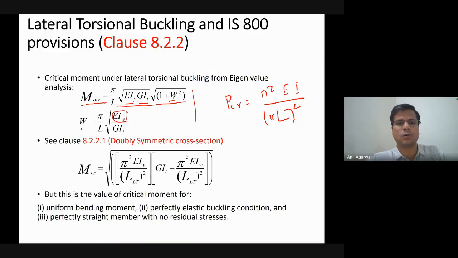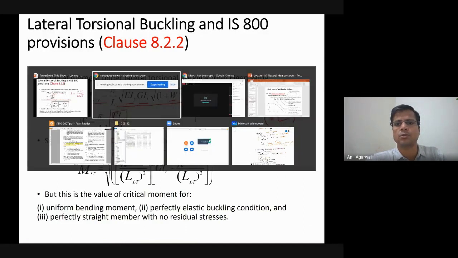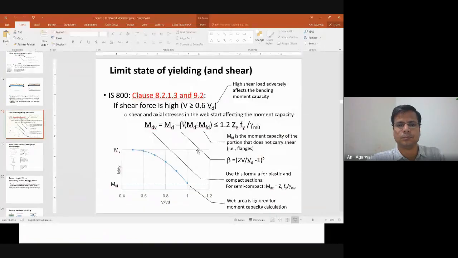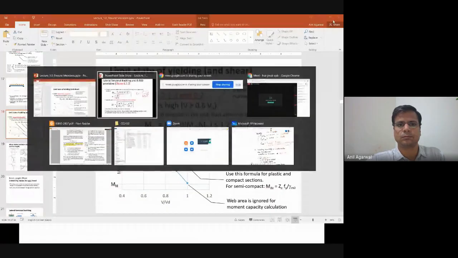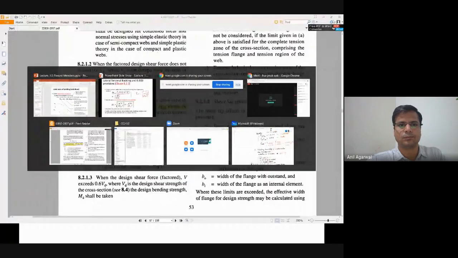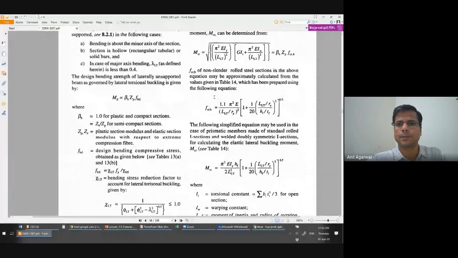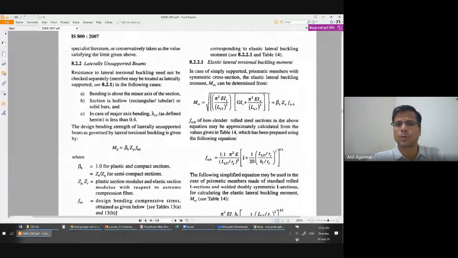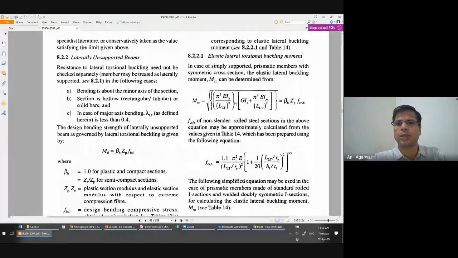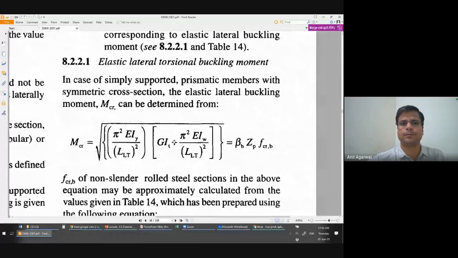Where does it say in the code? You go to clause number 8.2.2, and then 8.2.2.1. Okay.